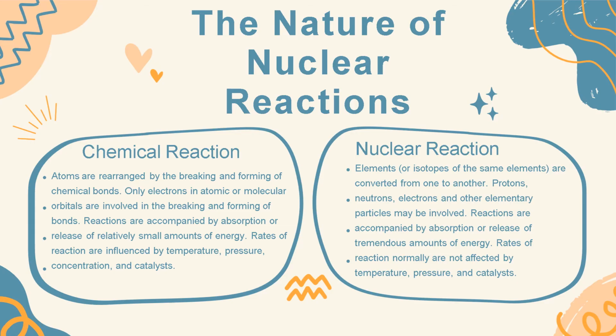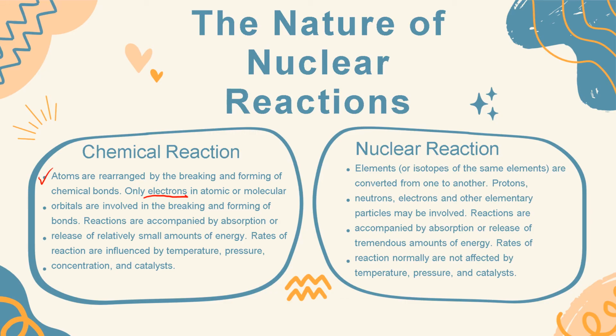So what is the difference between chemical reaction and nuclear reaction? I have told you a glimpse about the difference kanina, but isa-isahin natin. In a chemical reaction, atoms are rearranged by breaking and forming chemical bonds. Only electrons in the atomic or molecular orbitals are involved. Ibig sabihin, sa electrons lang.